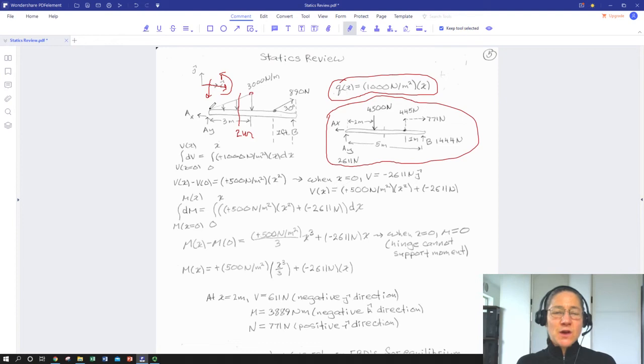It's 0 newtons per meter at point A, and 3,000 newtons per meter at 3 meters to the right of A. So if we were to write a line equation to represent this line, it would be 1,000 newtons per meter squared times x. So when x is 3, this is 3,000. When x is 0, this is 0.